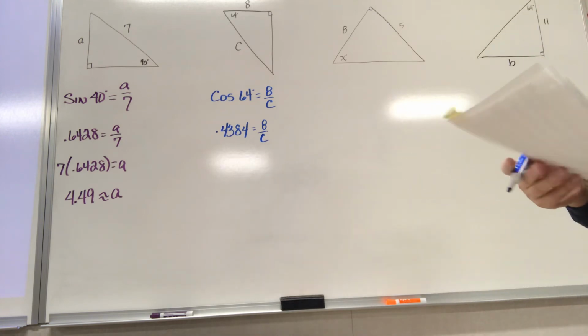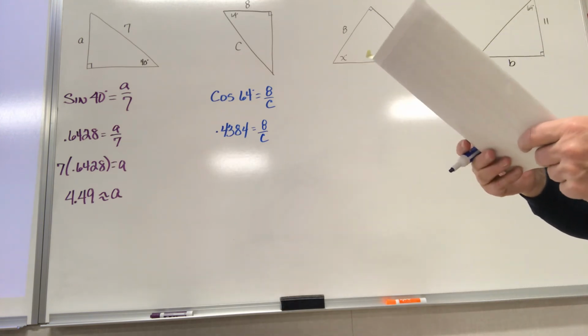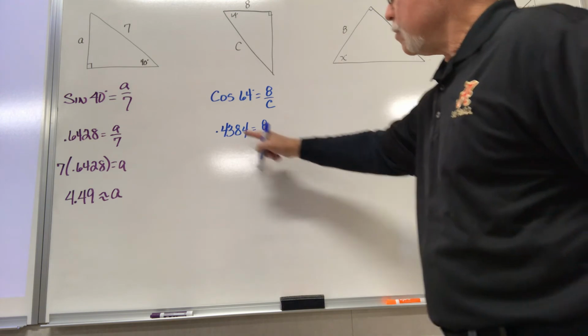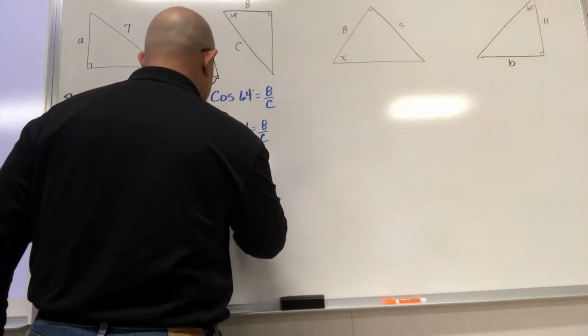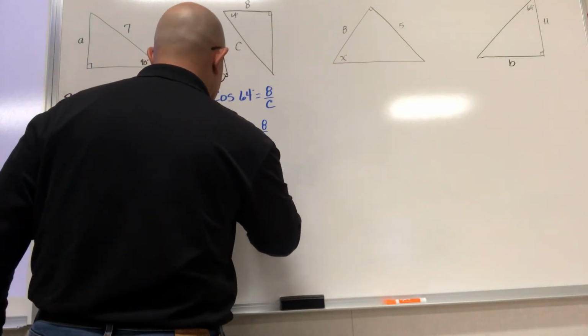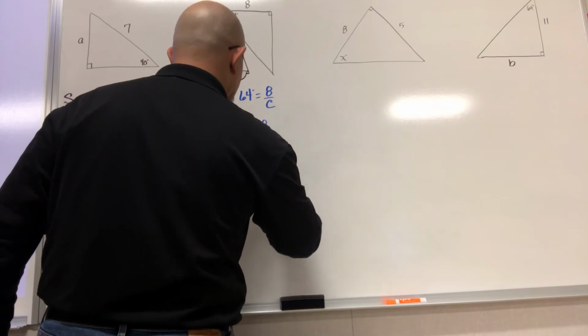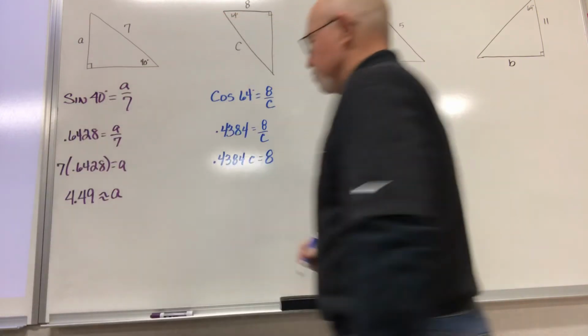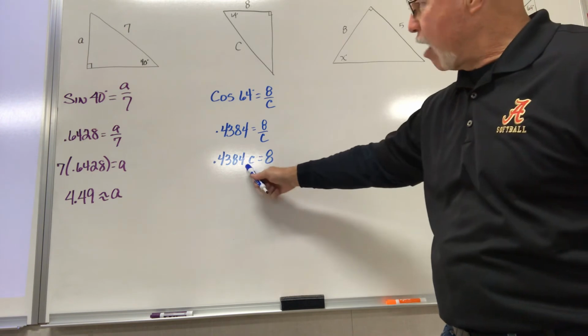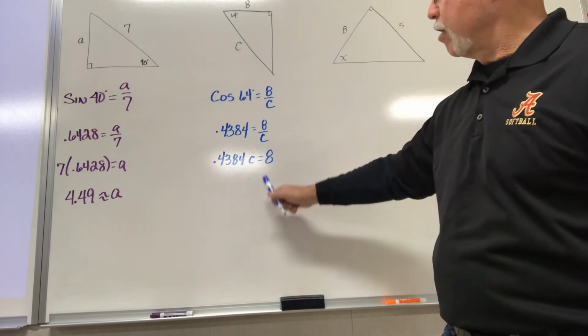Okay, once again, we have an algebra type of problem. Here's what we have to do. We multiply up. Okay, still hasn't solved the C, but now number times variable.